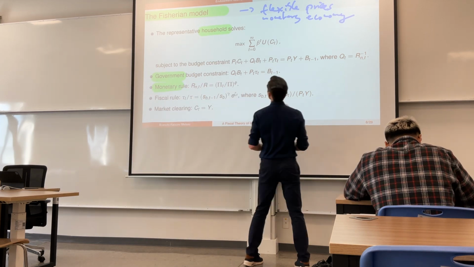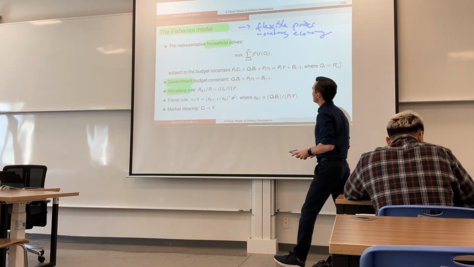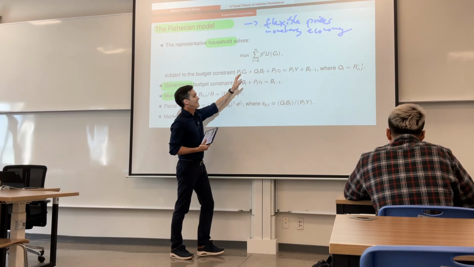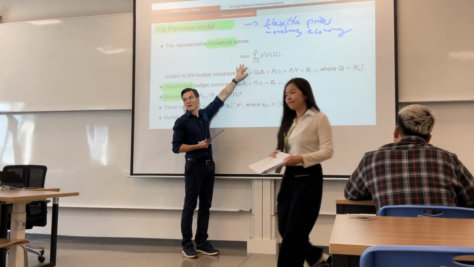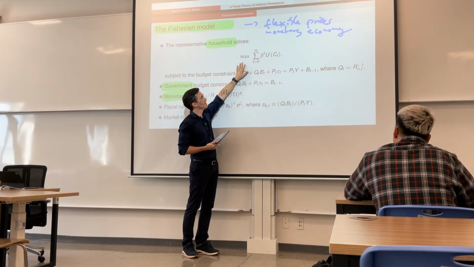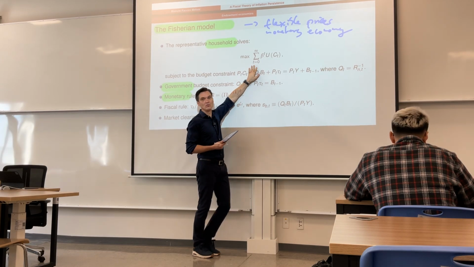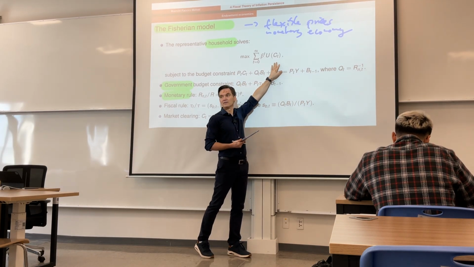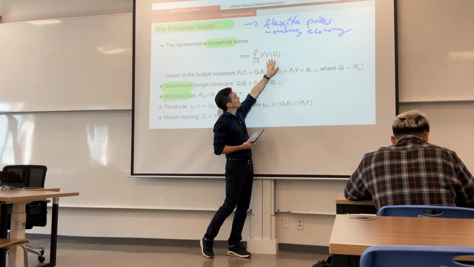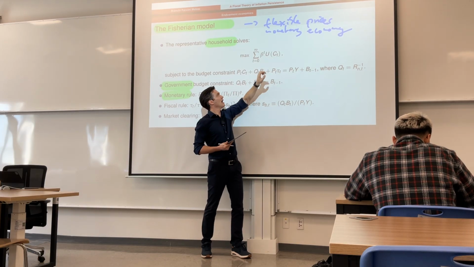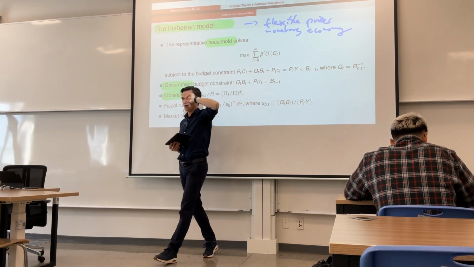In this model, households are maximizing their present value discounted utility. They're deriving utility out of consumption.